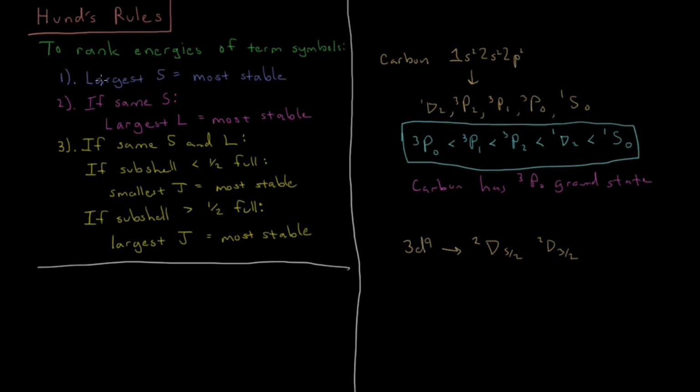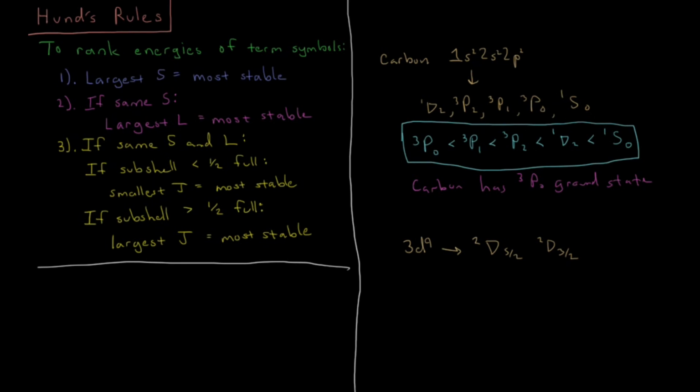Okay, so in each of these cases, they are both doublets. They have the same value of S. They are both D. They have the same value of L. L equals 2, and S equals 1/2. So is this subshell more or less than half full? D holds 10 electrons in its 10 spin orbitals, 5 spatial orbitals. And 9 is obviously more than half of 10, so our subshell is greater than half full, so our largest value of J is going to be most stable.